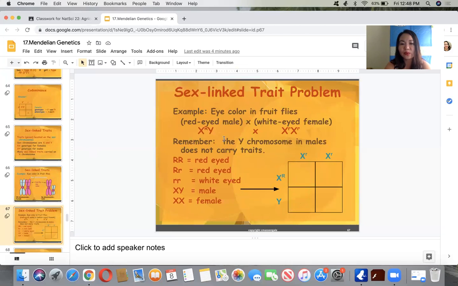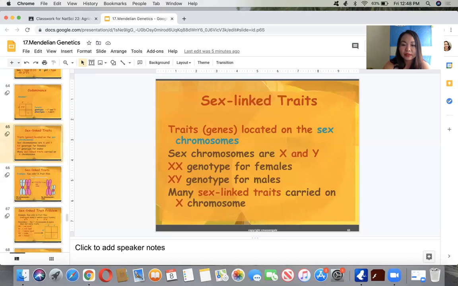So when you cross the red-eyed male with a white-eyed female, with XR and Y and Xr and Xr. Remember that the Y chromosome in the male does not carry the traits, only the X chromosome.